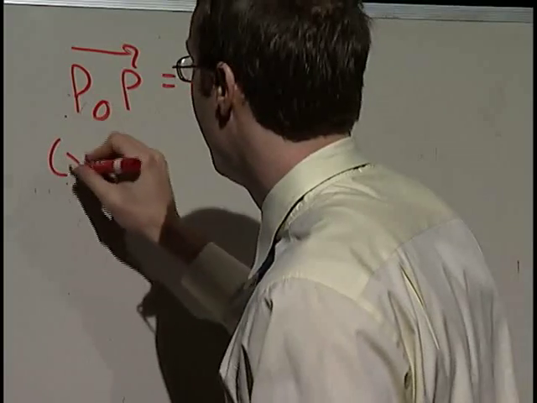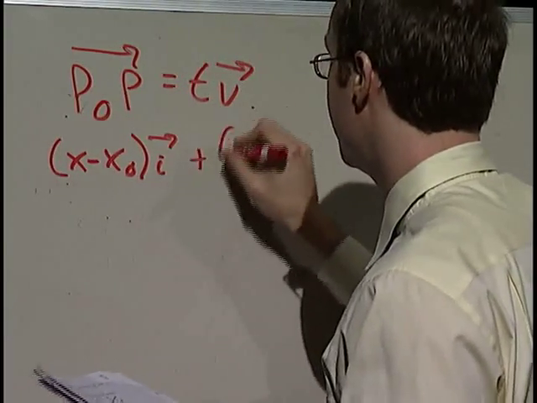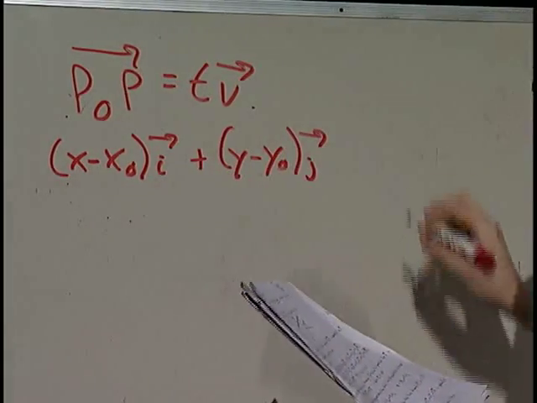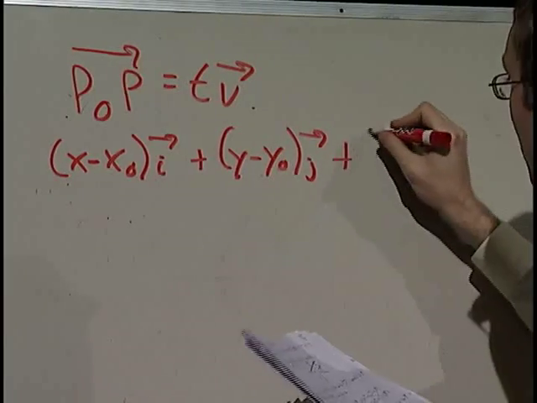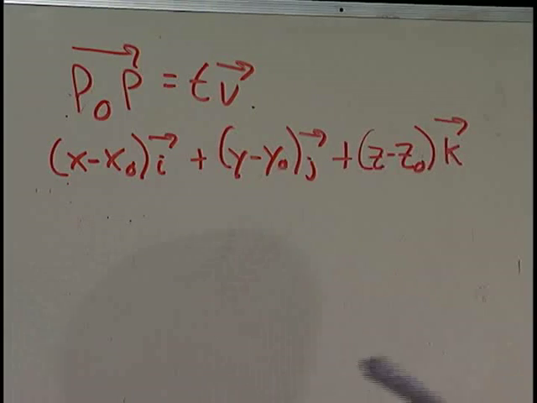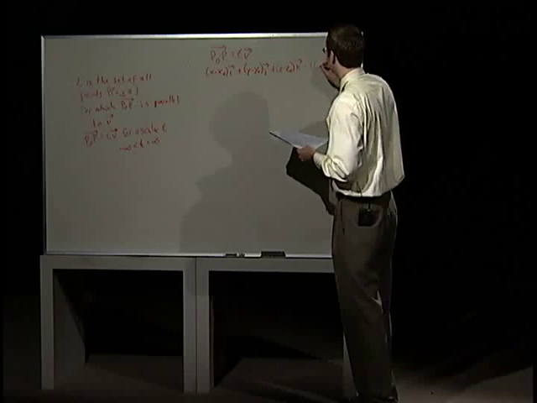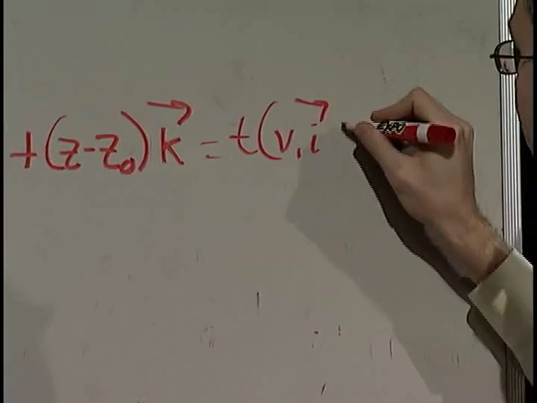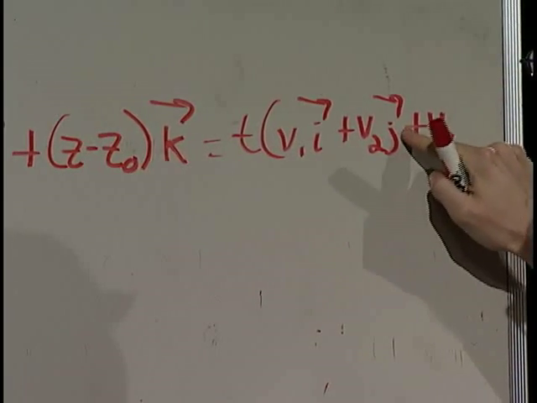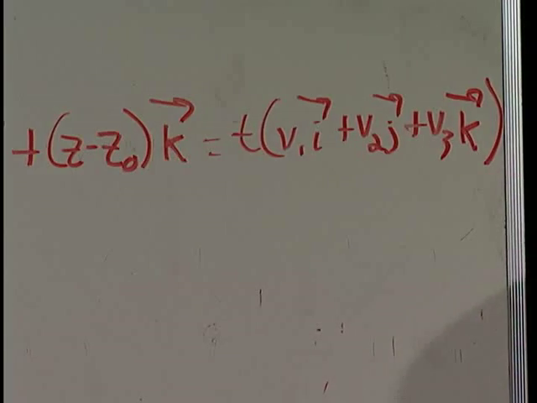So P0P is the vector from P0 to P. So we have the usual vector components: the components of P minus the components of P0, (x - x0)i + (y - y0)j + (z - z0)k, as such. There's the left-hand side. And the right-hand side, well, we know what the vector v looks like, and it has the components v1, v2, and v3. So there's the right-hand side.